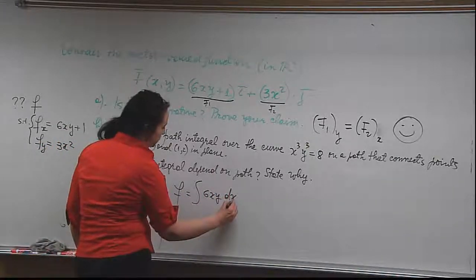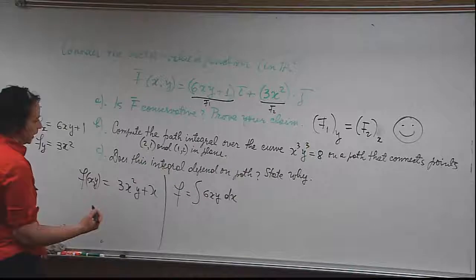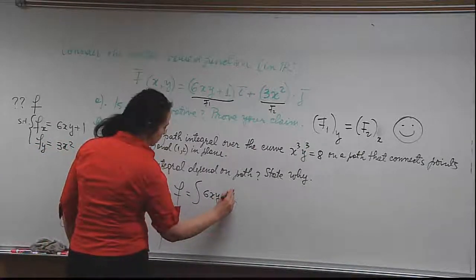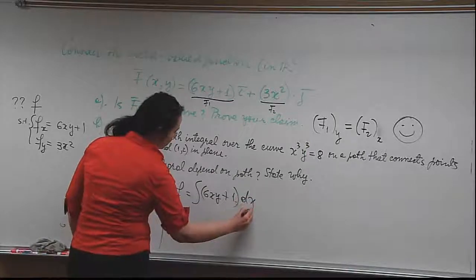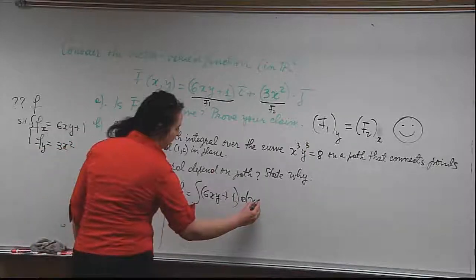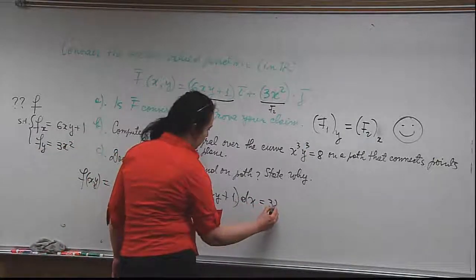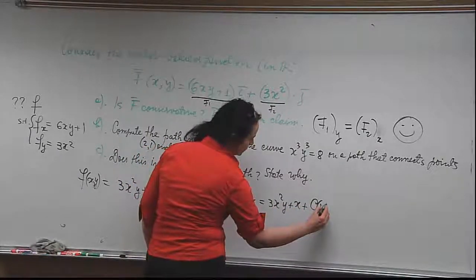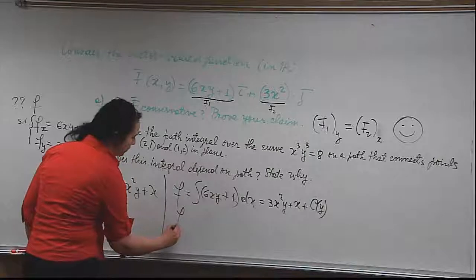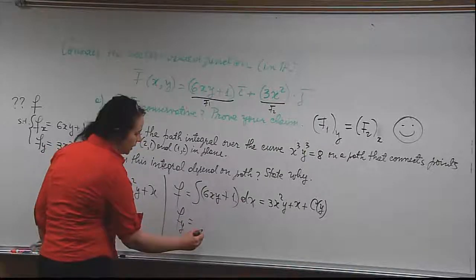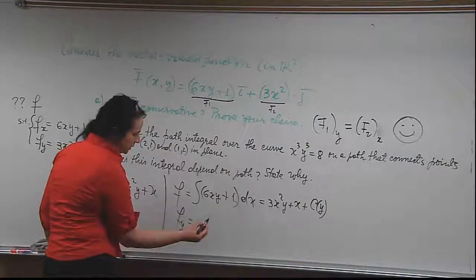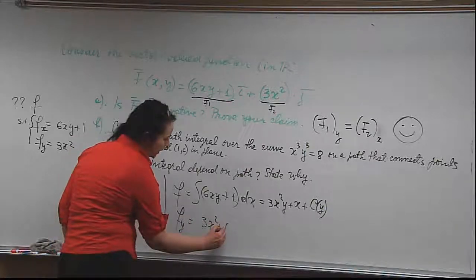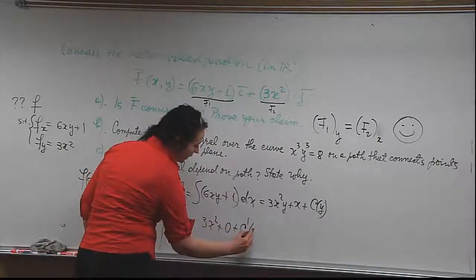So, integrate with respect to x, 6xy plus 1. I'm sorry, guys. And what you get is 3x squared y plus x plus c of y. And then take this and differentiate with respect to y, and you're going to get 3x squared plus nothing, plus c prime of y.